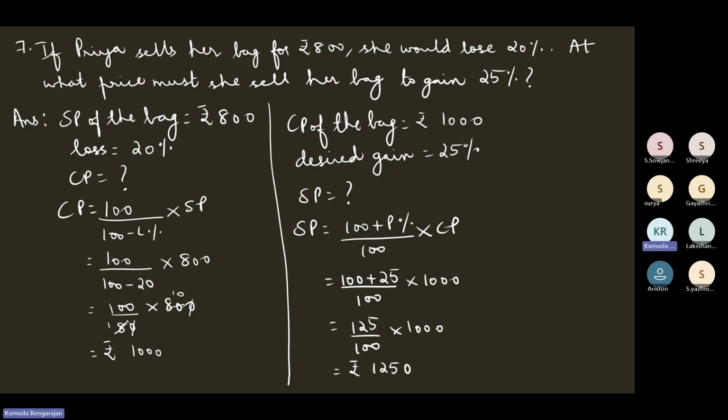First, the selling price of the bag is given and the loss percent is given. So using this, you should find the CP of the bag. Now, use this CP and the desired gain percent, 25%, to find the selling price of the bag.